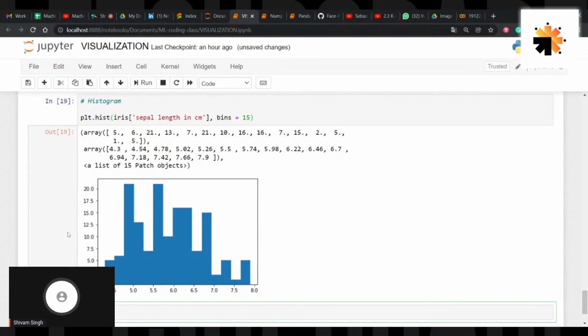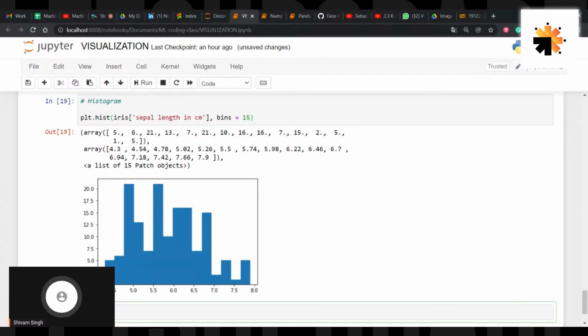On the y-axis I'm having a count, that is, this many times I'm having 4.5, this many times I'm having 7.5. So you can see which number comes how many times, which number comes the maximum number of times, and which comes the minimum number of times.